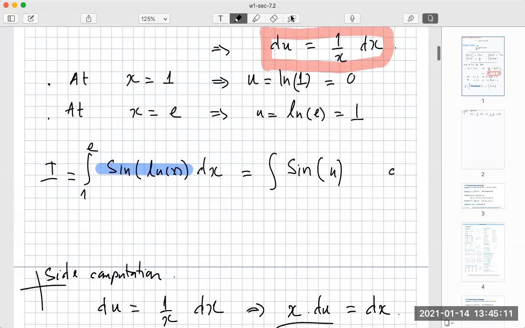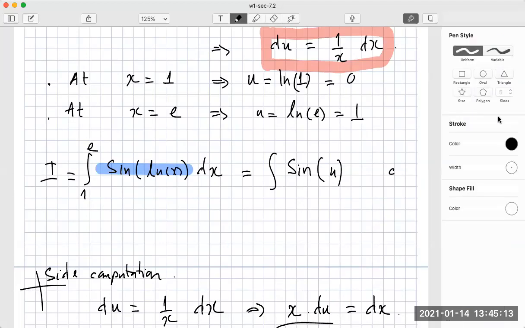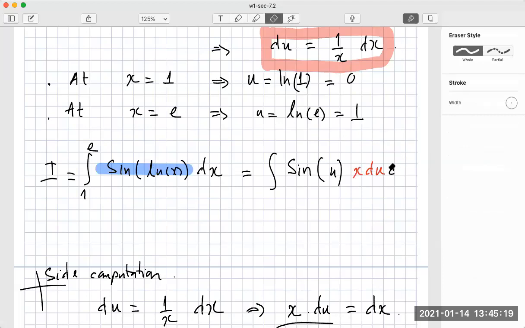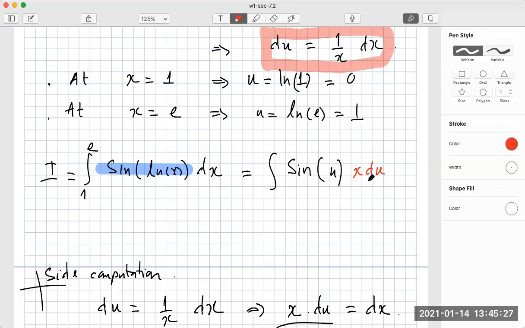But can we write it this way? Here, if we write it this way, u will be the variable of the integration, and x with respect to u is simply a constant. So we cannot mix up these two things. If we change to the variable u, we need to change everything into u. So remember, we cannot write it this way.